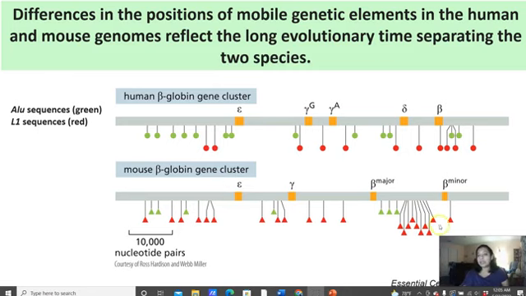But definitely these mobile genetic elements are mostly present in those interspersing sequences and not in the actual gene space that is present in there. So in spite of the gene shuffling, we can still recognize the basic block structure between the two, and we can recognize that same sequence of events happening in those two spaces. This is actually also called conserved synteny.